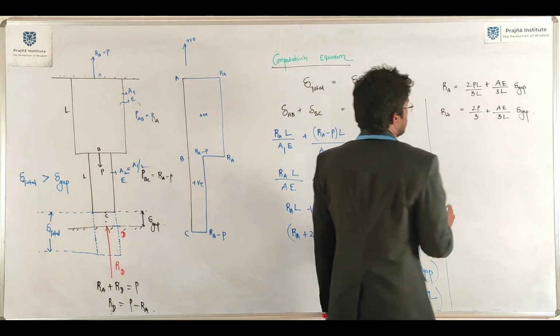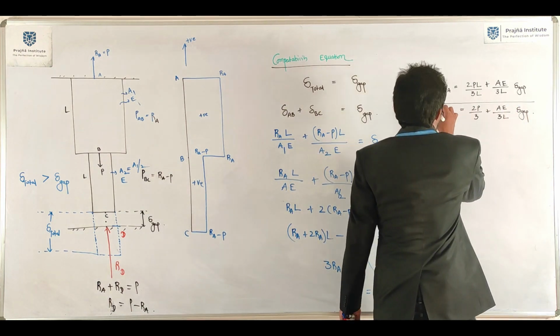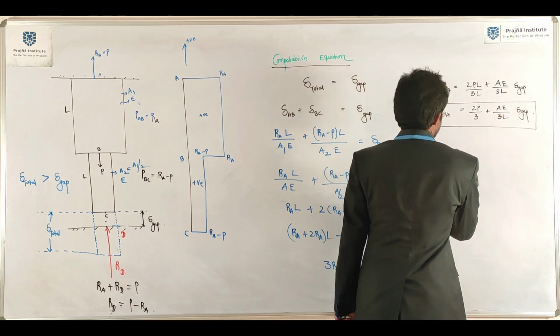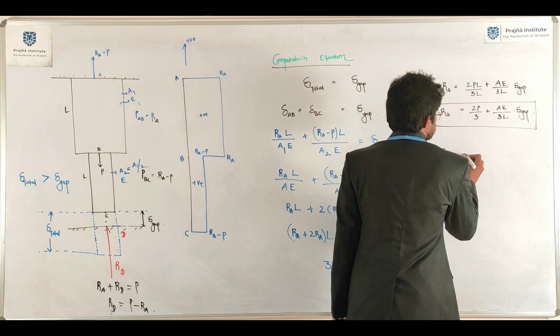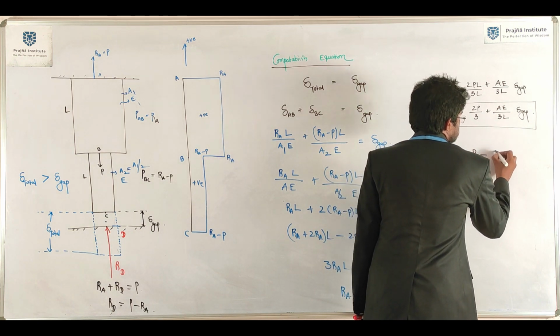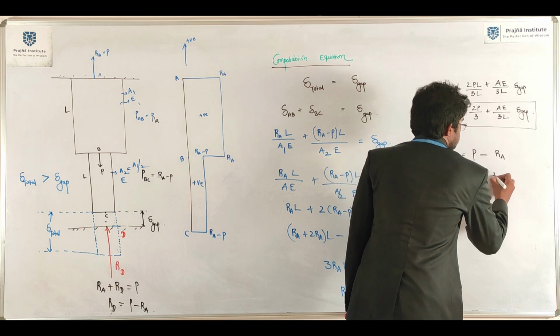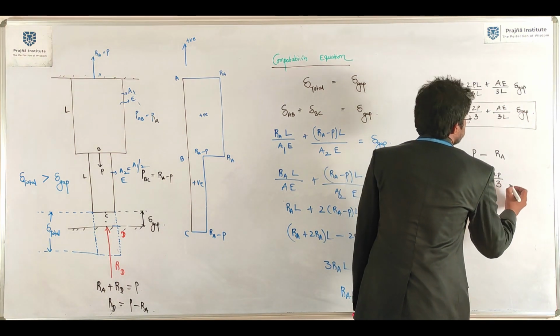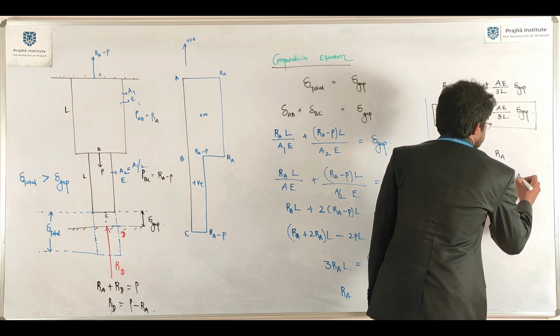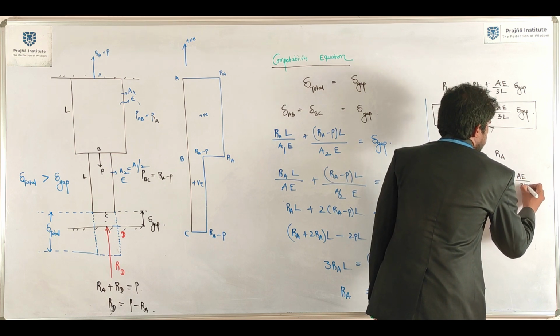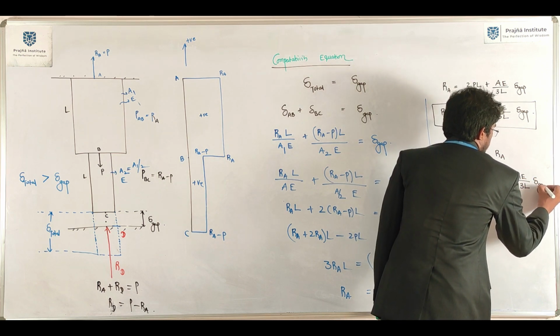Now, what is RD? RD equals P minus RA. Here P minus (2P by 3 plus AE by 3L delta gap).